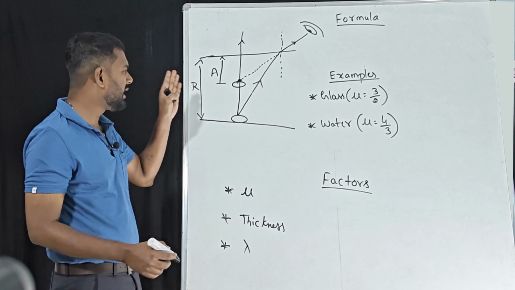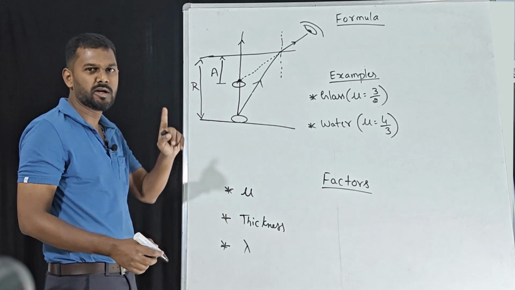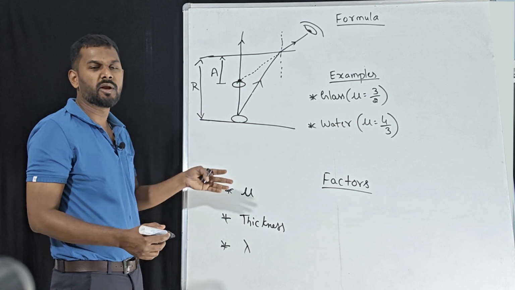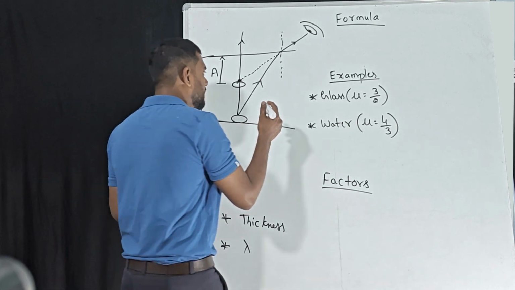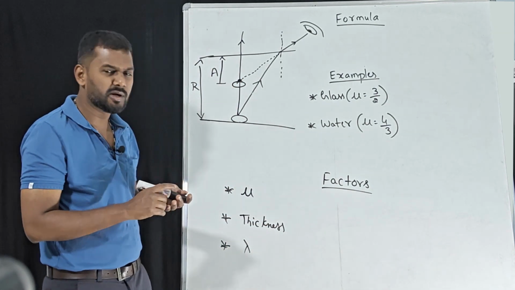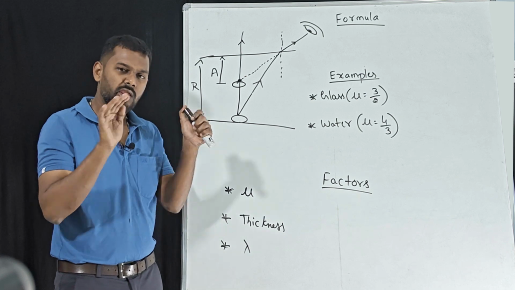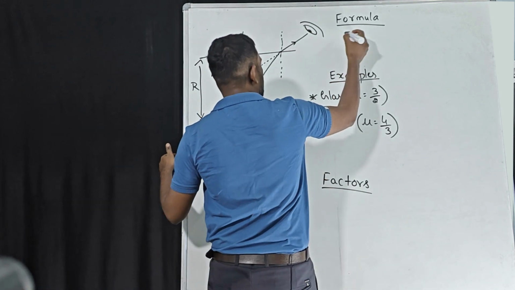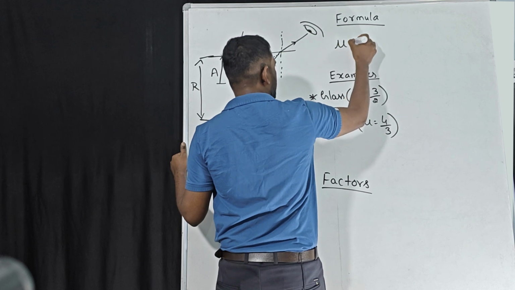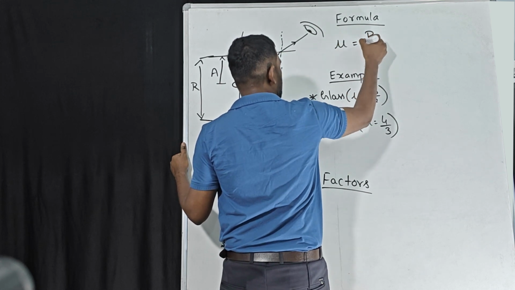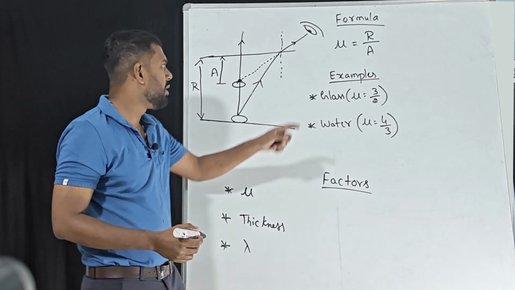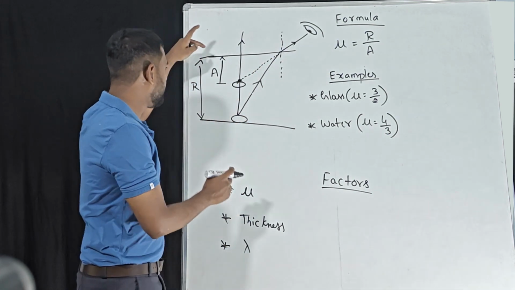Now we'll learn the relation between real depth and apparent depth, how to find the real depth or the apparent depth. That derivation is there in your textbook, but for the syllabus it is not there. If you learn the formula, that is enough. Now see, the formula goes like this: refractive index is equal to real depth by apparent depth. Mu is nothing but the refractive index of the medium.